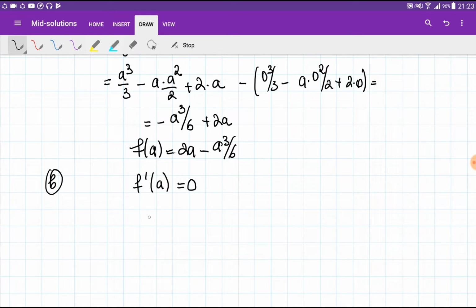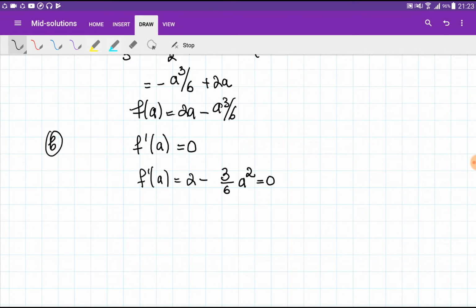Let me take the derivative first. The derivative is 2 minus 3 divided by 6 times a squared, right? We need to set this equal to 0 and figure out the values of a which satisfy this equation. So this gives 12 is equal to 3a squared, right?